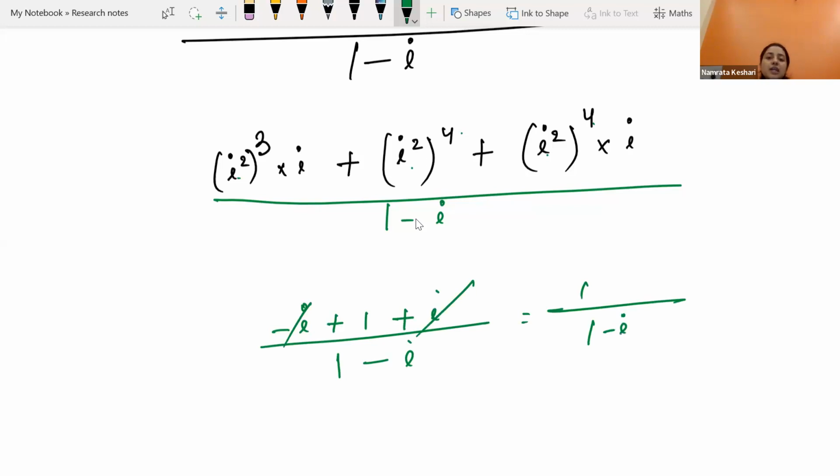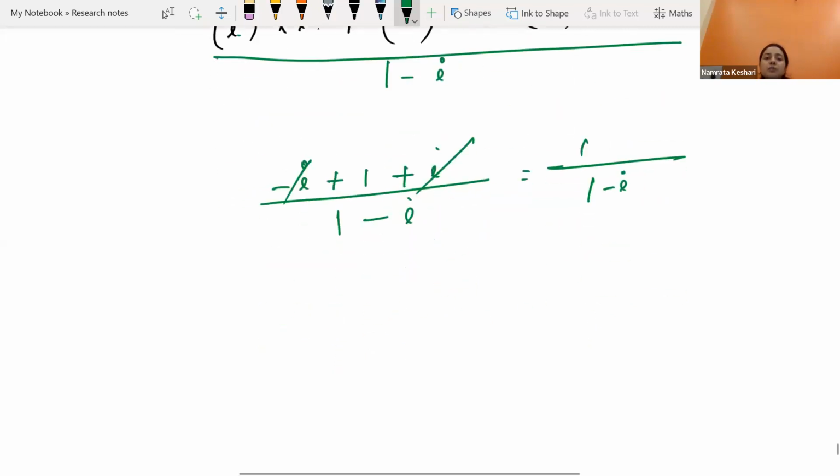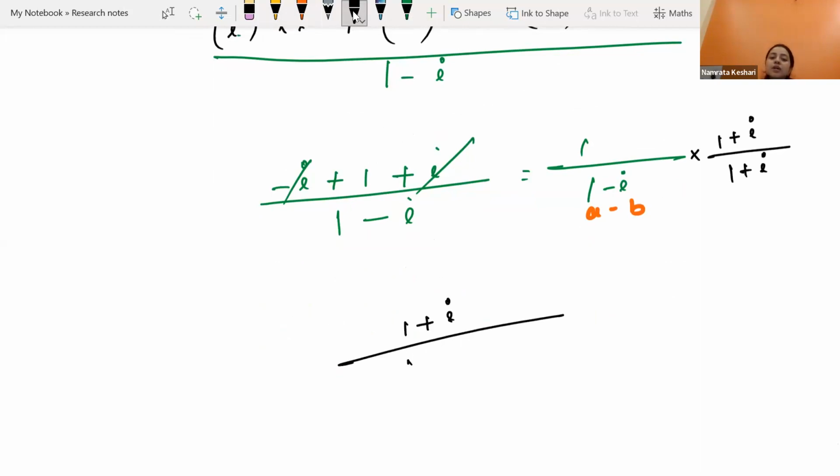Now, I was telling you that whenever needed, we will do the rationalization. a minus b type of structure, can you see over here? Yes, ma'am. Let's multiply with a plus b in the numerator and denominator. So we will be having 1 plus i by 1 minus i square, right?